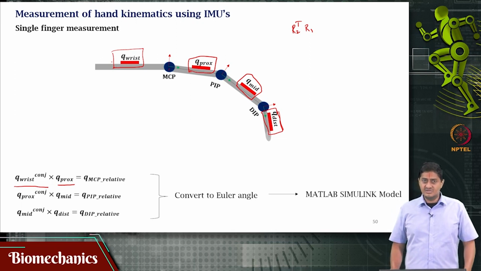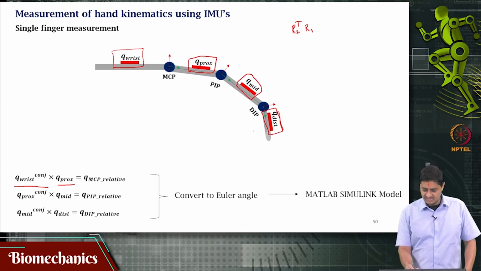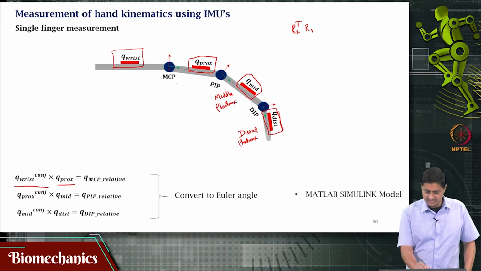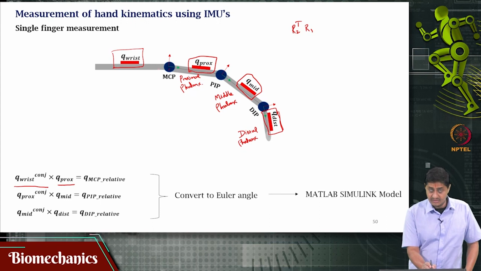What are the 3 segments in each finger? We know this. This is called the DP, or distal phalanx. This is the intermediate or middle phalanx. This is the proximal phalanx. The part of the hand that is proximal to the metacarpophalangeal joint, or distal to the wrist joint.